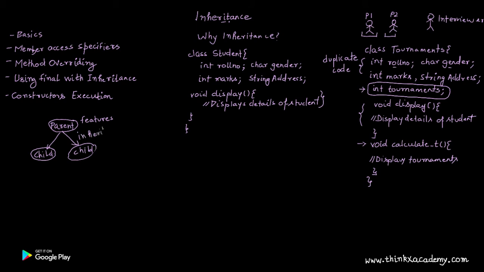So let's suppose if we have a parent which has some hair color, some skin color, then the child has some of the features of the parent plus some more features of their own. So this concept of real life inheritance can be applied into programming, which is an OOPS concept.